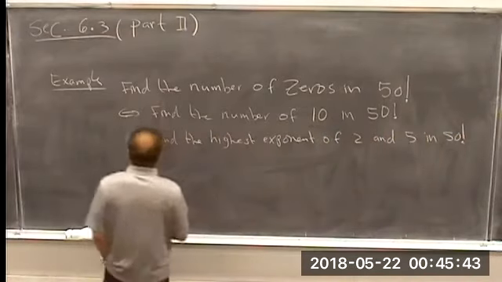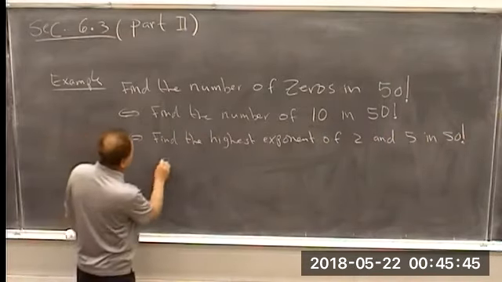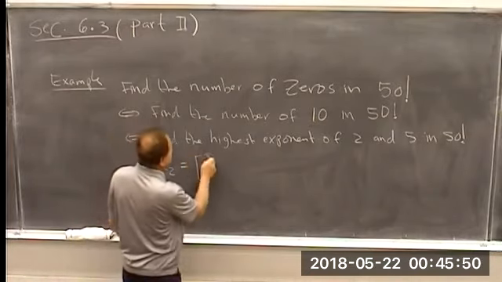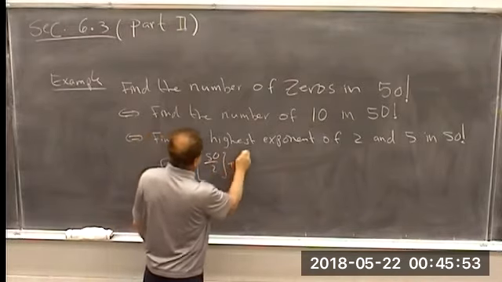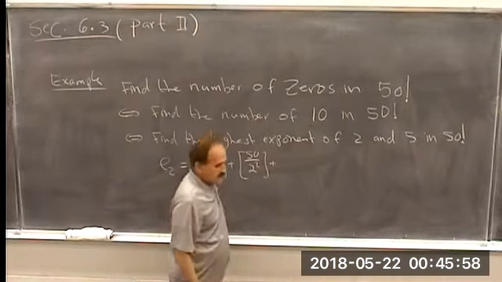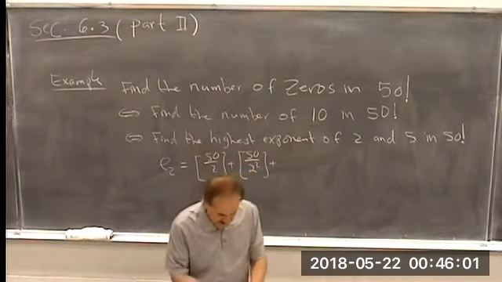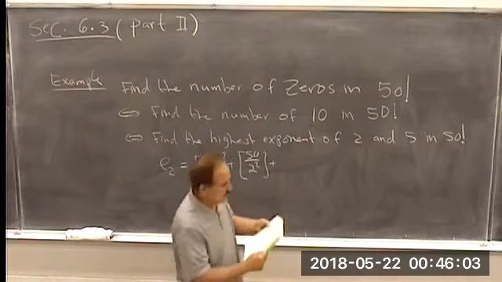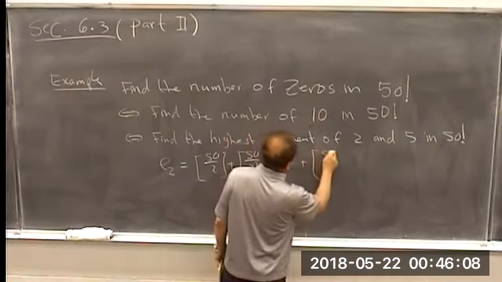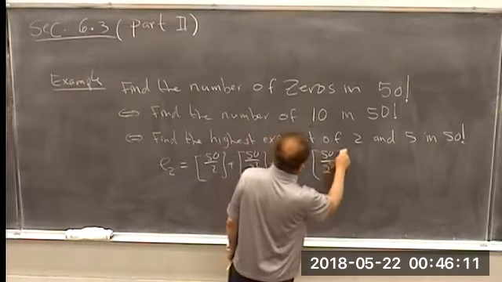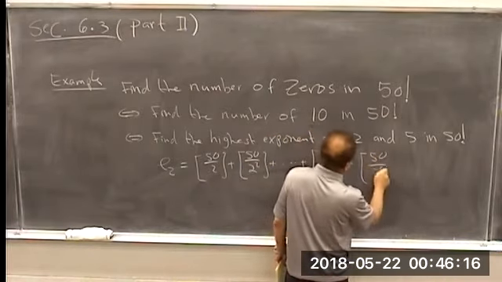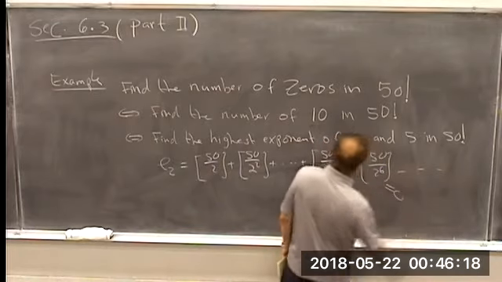For the exponent of 2, let me call it E2, this is equal to 50 divided by 2, plus 50 divided by 2 squared, and so on, until we get to 2 to the 5th, which is 32, and then 50 over 2 to the 6th is equal to 0, and it will be 0 from there on.